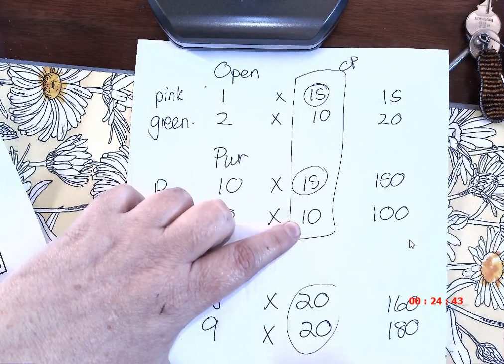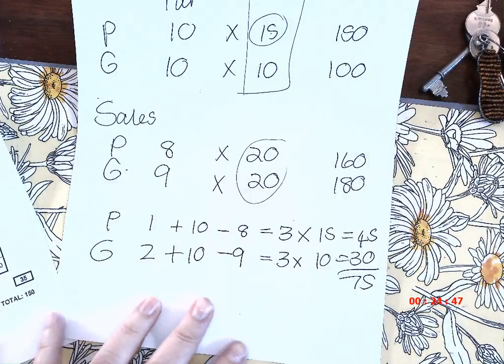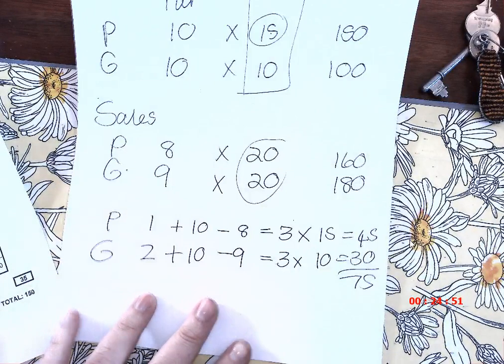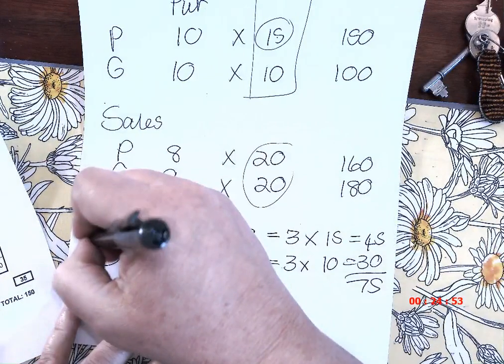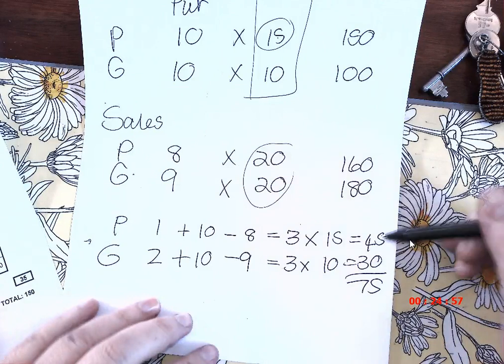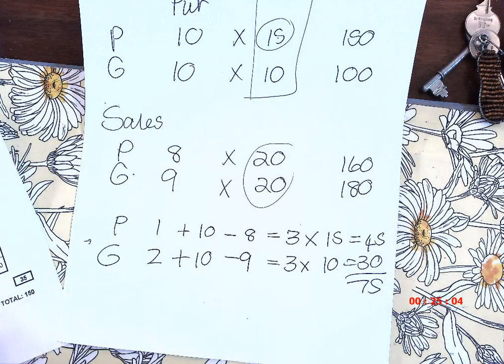So my closing stock is 75. Also, just remember, if they say your carriage was so much, it will make this price more. And if there was returns, you just subtract it.